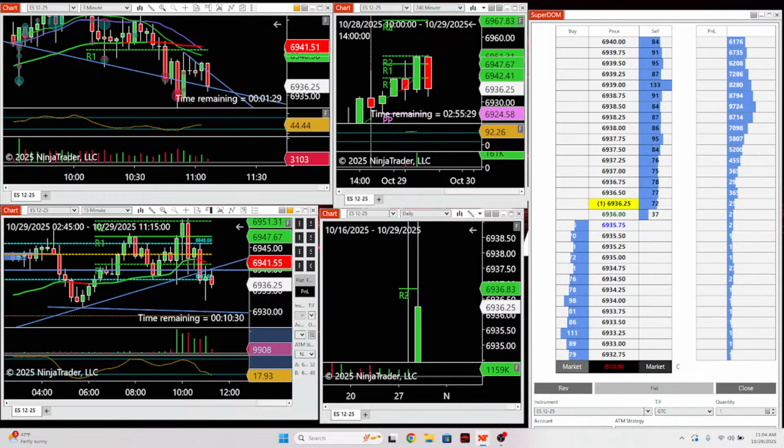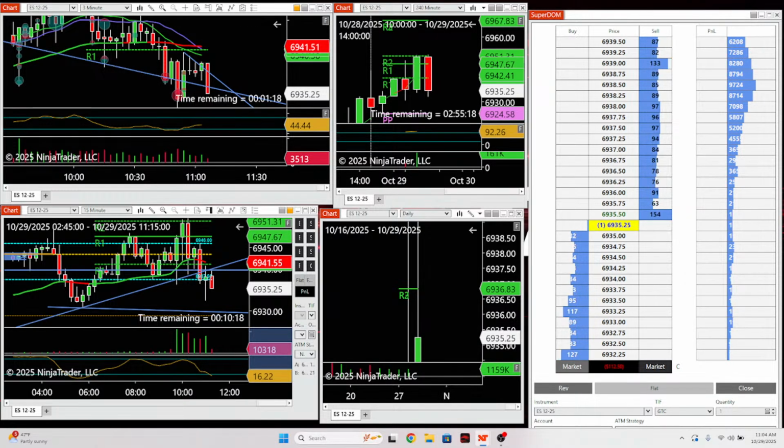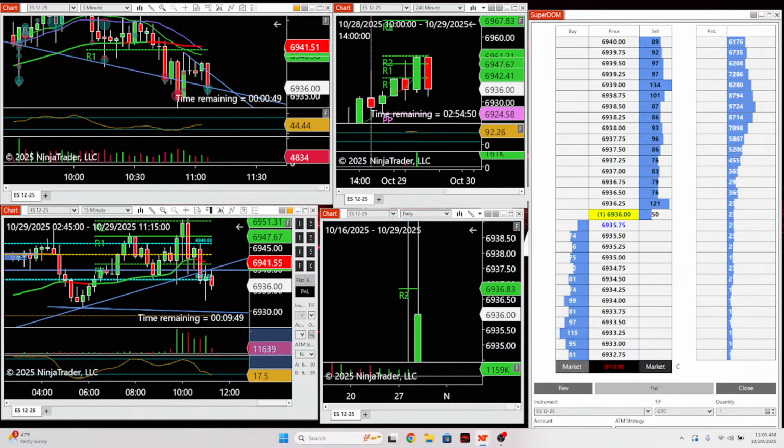Which way does it want to go? Do we want to go to the previous day's close to close the gap?